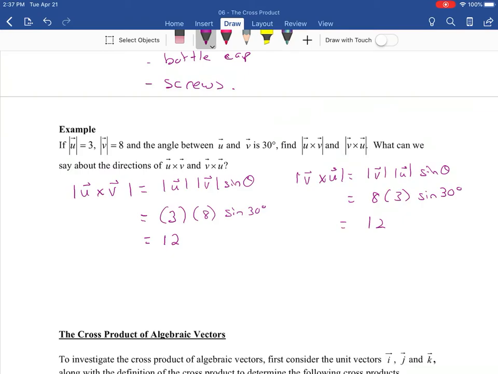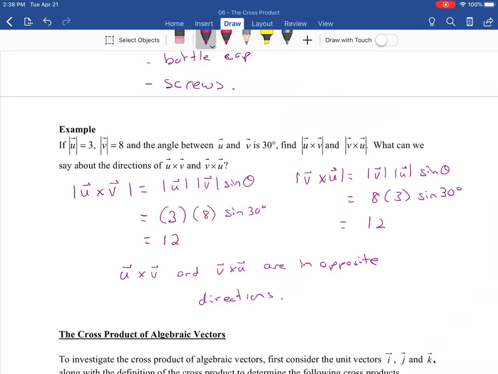And I found out something interesting about U cross V is that the magnitude of U cross V is the same as the magnitude of V cross U. The magnitudes are the same. However, what can we say about the directions of U cross V and V cross U? U cross V and V cross U are in opposite directions.